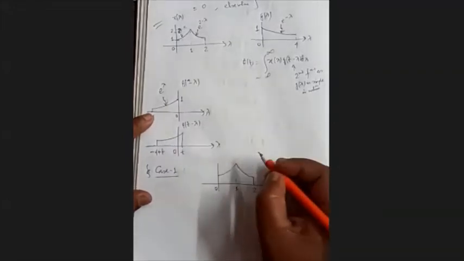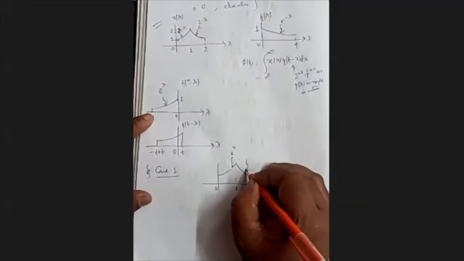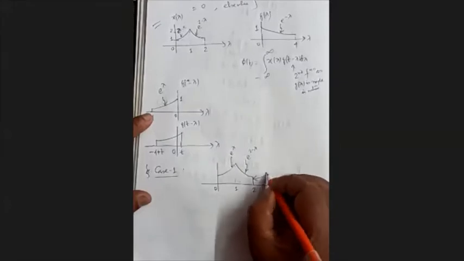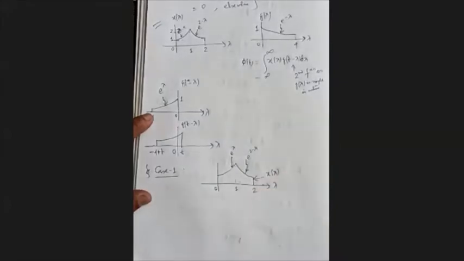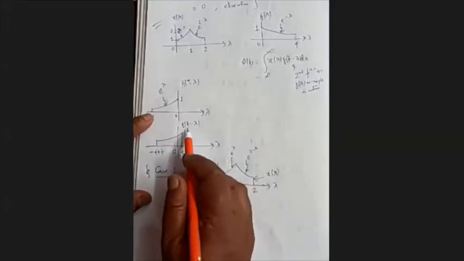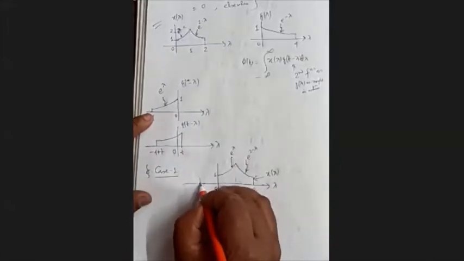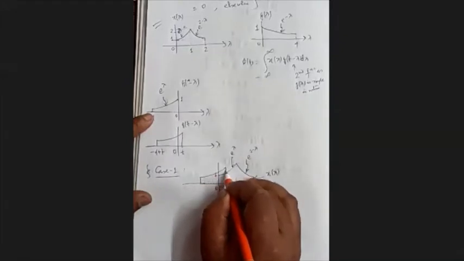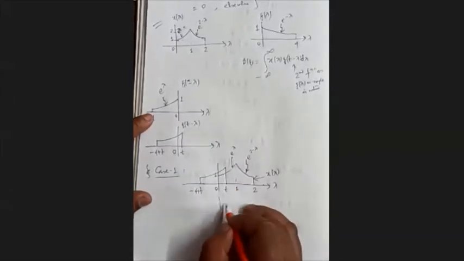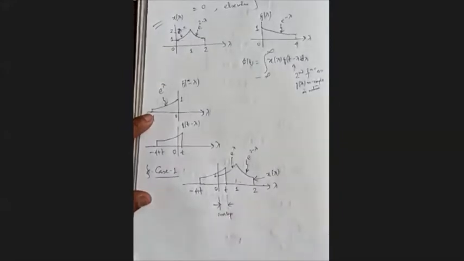This part is e to the power lambda, and it is e to the power 2 minus lambda. So that function actually is our x(lambda), and it is 1. Now our g(t minus lambda) will be that one, minus 4 plus t, this one. So this is the region of overlap.